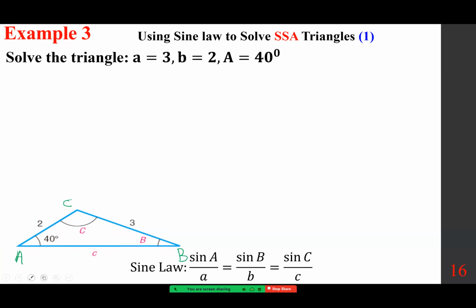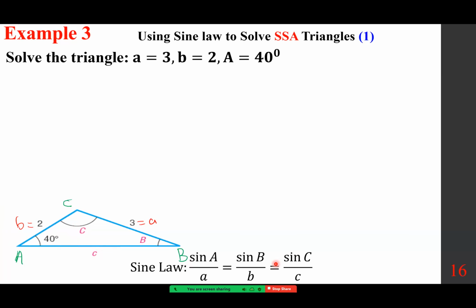Now let's also write a here, b here. This is lowercase c.